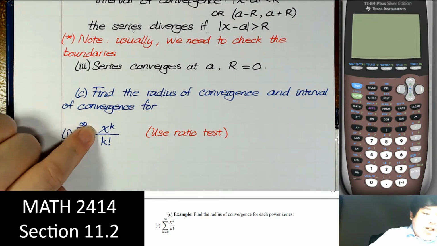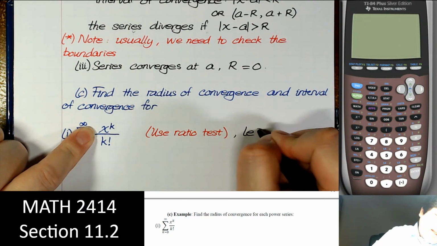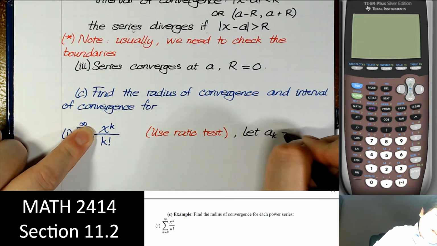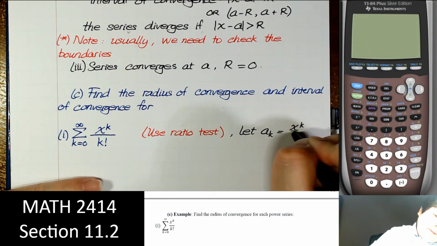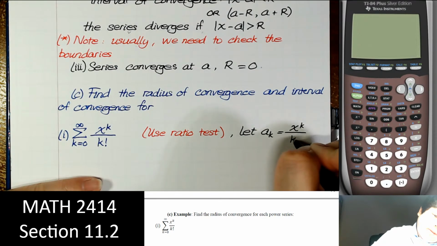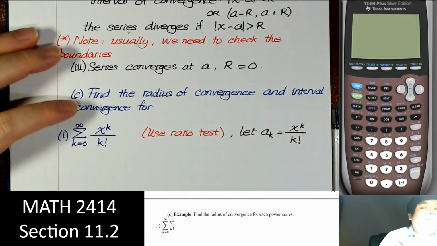For the ratio test, we will let a of k, the term, be that. Right.